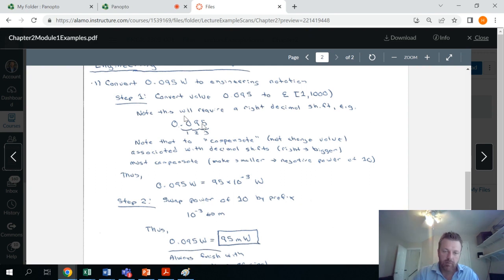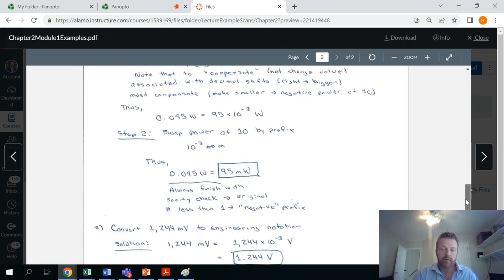So when you do that, you have to compensate by multiplying by a factor of 10 to the minus third. So these two things are then equivalent. And 10 to the minus third by prefix is just represented by milli. So 0.095 watts is just going to be 95 milliwatts.